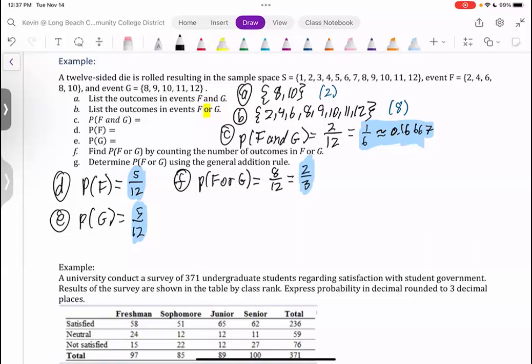And now we're going to use the general addition rule for part G. Well, this is going to be the probability of event F plus the probability of event G minus the probability of event F and G. All right.